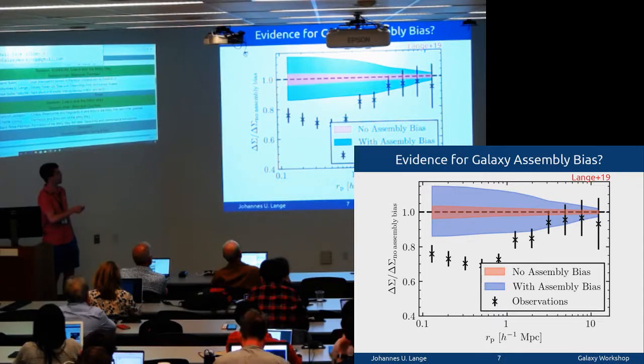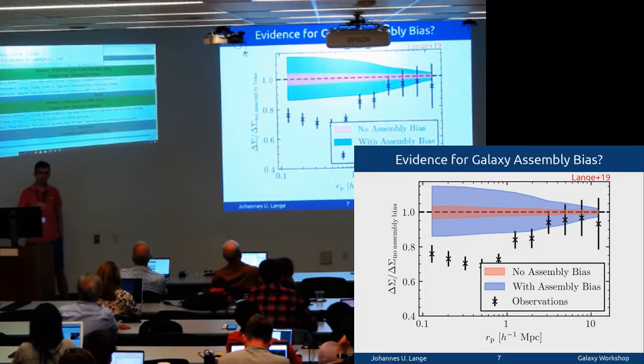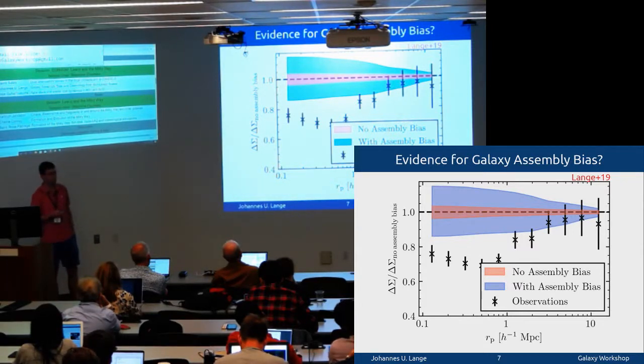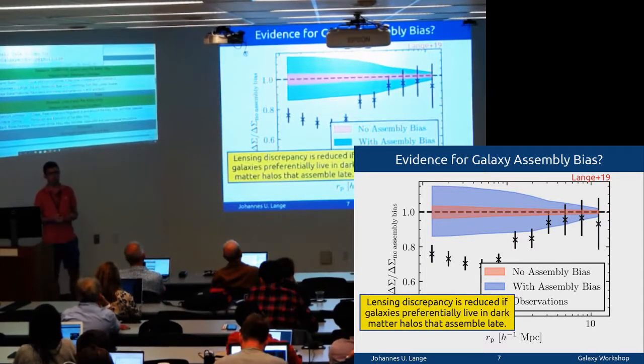You can see here by comparing the model with assembly bias to the one without. Generally, galaxy clustering alone places not very strong constraints on galaxy assembly bias, so we cannot tell from clustering alone whether galaxies tend to live in dark matter halos that formed late or early. But if you combine it with the lensing signal, we would say that the lensing discrepancy can be reduced if galaxies preferentially live in dark matter halos that assemble late.